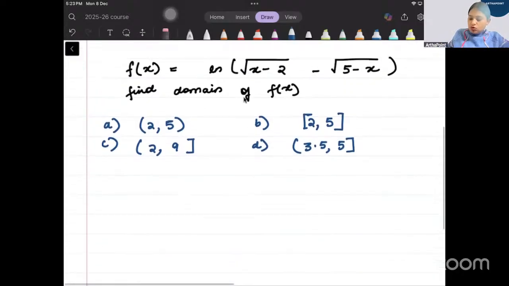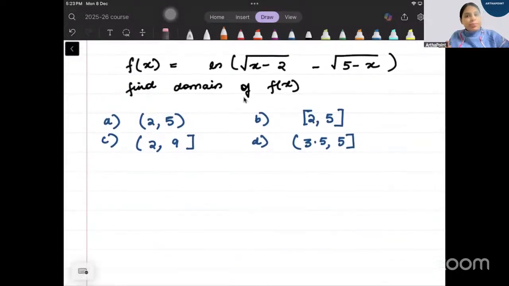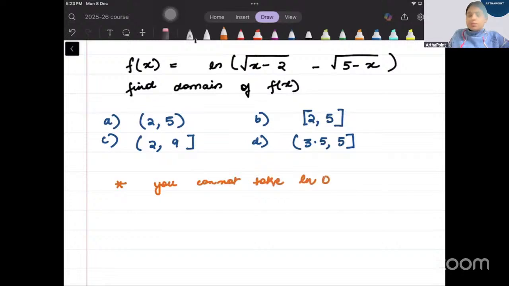When you do this question, I'm writing some properties that you should remember. You must remember those properties well. The first property is that you cannot take ln of 0. The second property is you cannot take ln of any negative number.